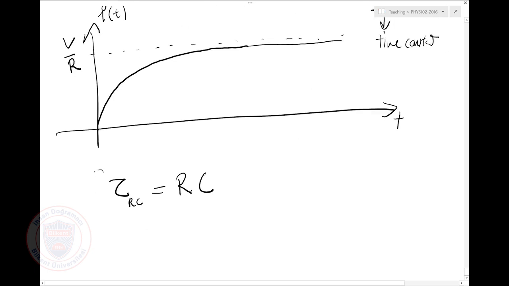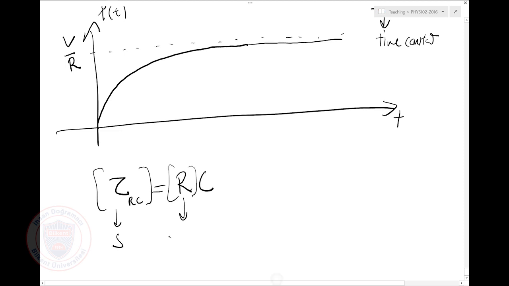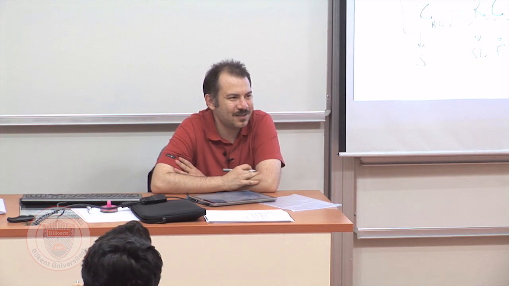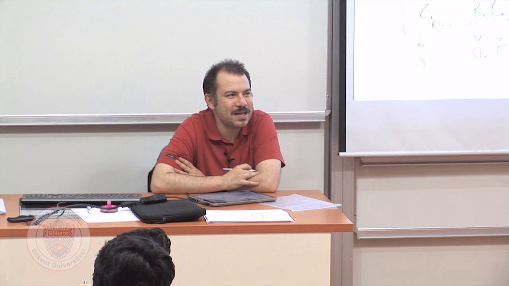Now, the unit for that is seconds. The unit for R is ohm. The unit for C is farad. So seconds is actually ohm times farad, which is kind of interesting. But that actually makes sense.